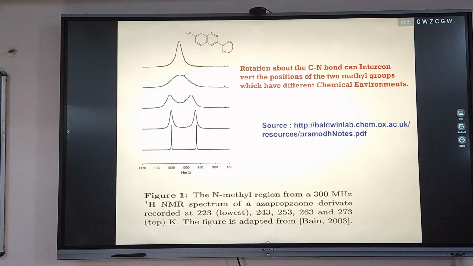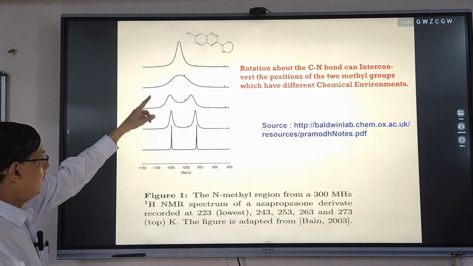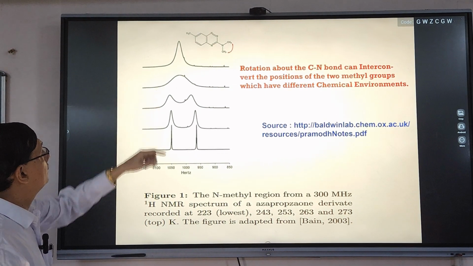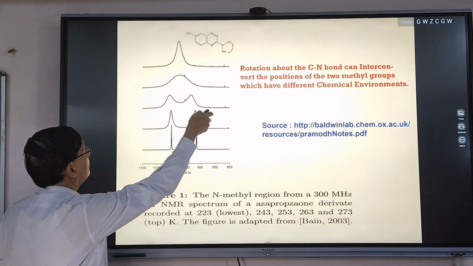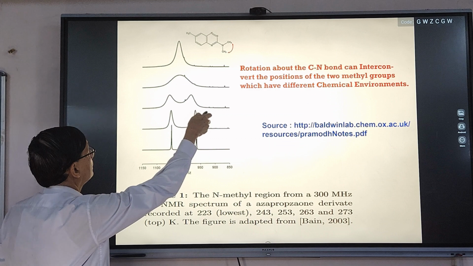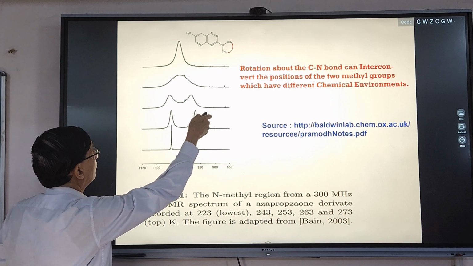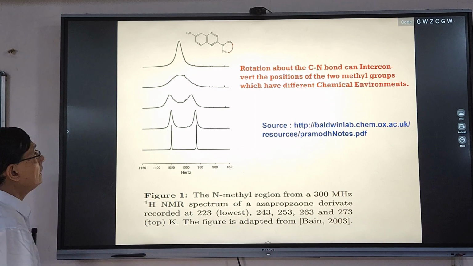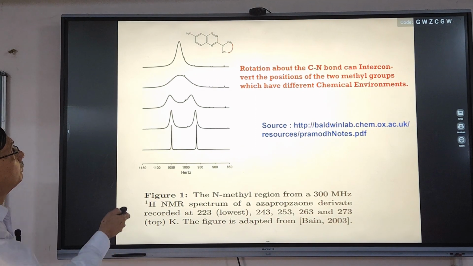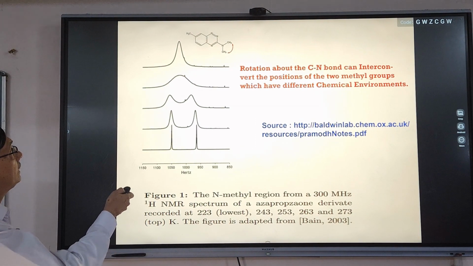Now you see, they have used this azapropazone, this compound. And again there is a possibility of rotation about the CN bond, which can interconvert the position of the two methyl groups which have different chemical environments.